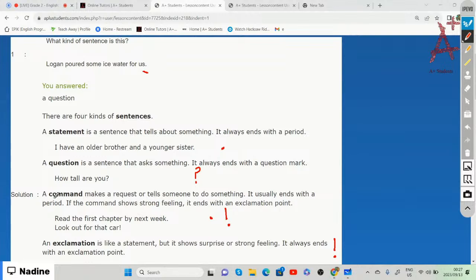Based on our sentence, we need to say if it is a statement, telling someone something, or a command, telling someone to do something. Logan poured some ice water for us is just telling us about something. It is not making a request and it's not telling someone to do something, which means that this is a statement.